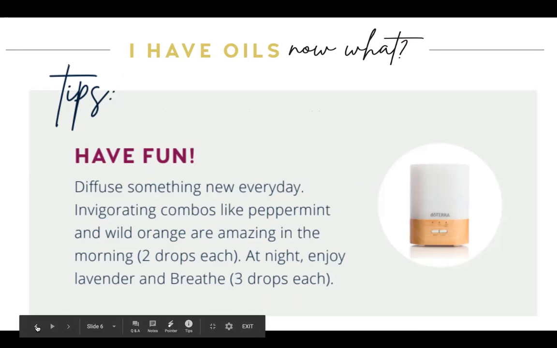Hi, I'm not going to put my camera on because I look hideous, but I love my diffuser. I just wanted to ask a question. Sometimes I feel like I can't smell it. I'm the same way, and I like to add a lot of oils. If it says 2 drops, I probably put 3 to 4.